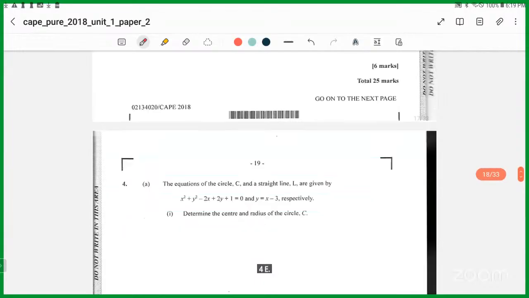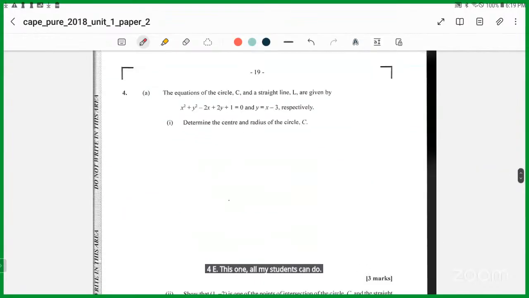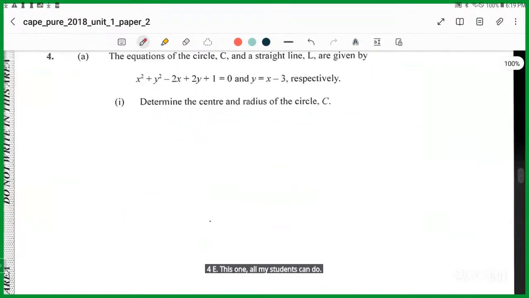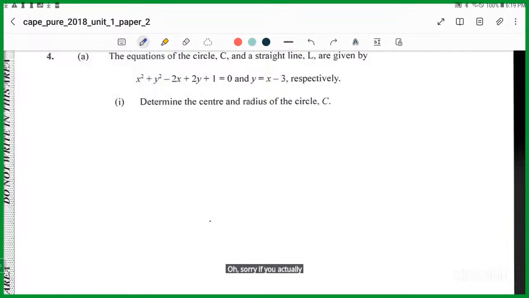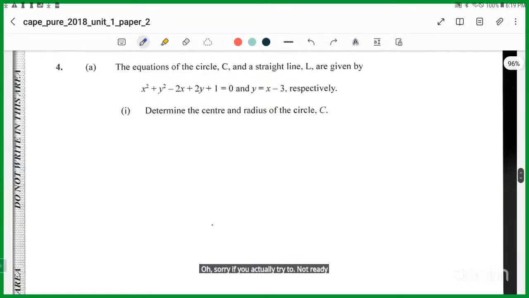Yes, this one advanced students can do. 2A is not for advanced, right? That's a mistake. We can do this one though. So sorry if you actually tried 2A. Not ready for 2A as yet.